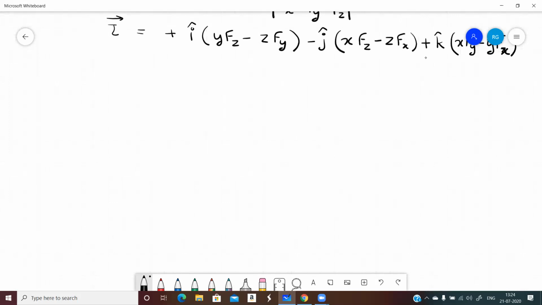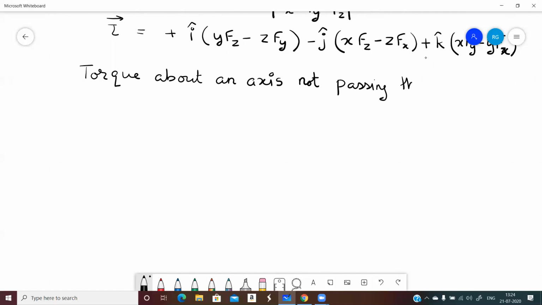Now sometimes we find that we have to find the torque about any other point. So I write here torque about an axis not passing through the origin.